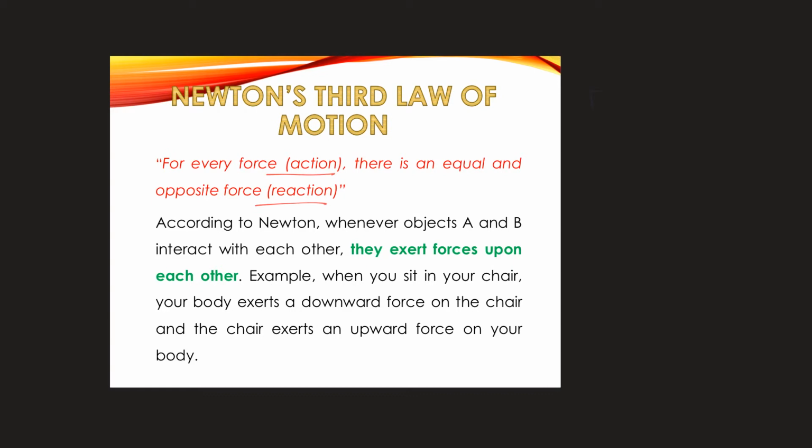If you have one object, and this object exerts a force on a second object, for example A exerts a force on B, then B is going to exert a force with the same magnitude but different direction.